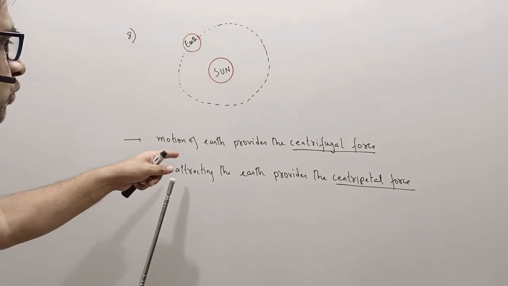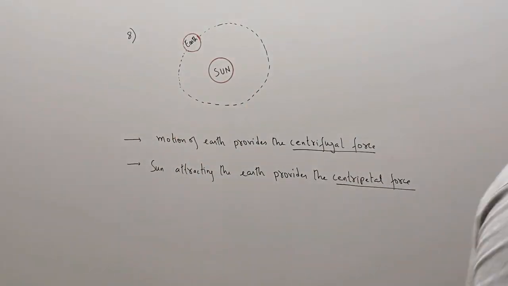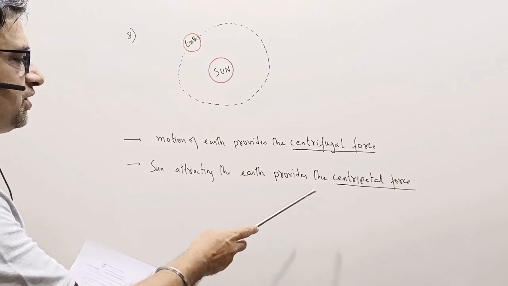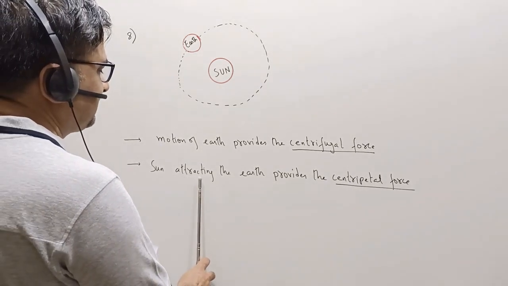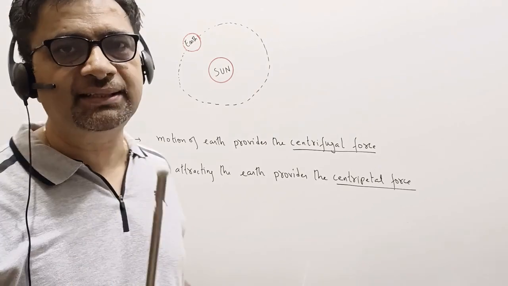So the question says, what is the source of centripetal force? The source of centripetal force is the attraction of the sun. The sun attracting these planets is the source of the centripetal force.